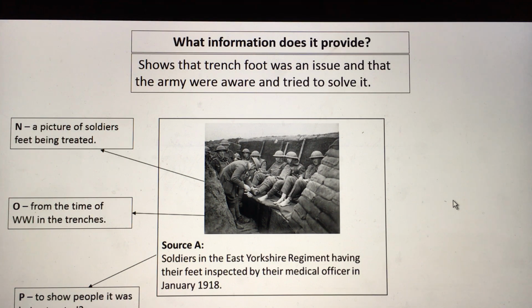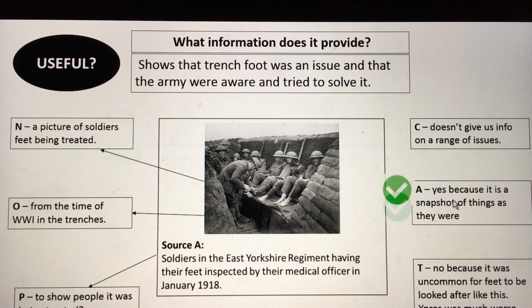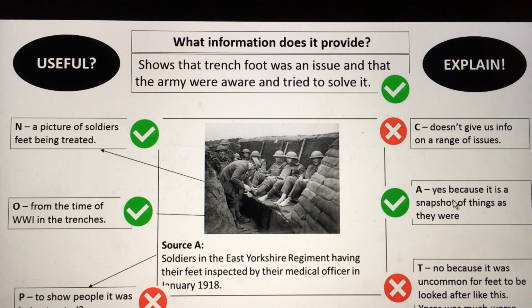And we've got the nature being a picture of soldiers. The origin is from the time of World War I in the trenches. And the purpose is potentially to show people at home that it was being treated and these soldiers were being looked after. Right, so I'm going to quickly skip over this. So is it useful? Possibly. Let's look at an answer.